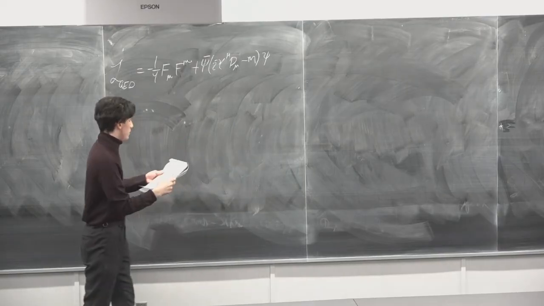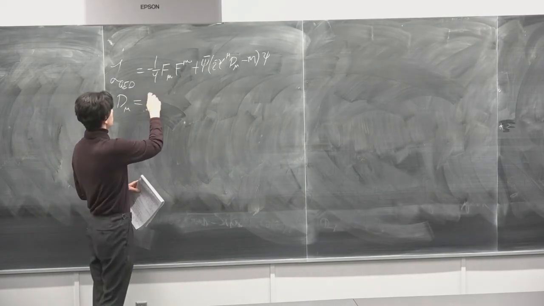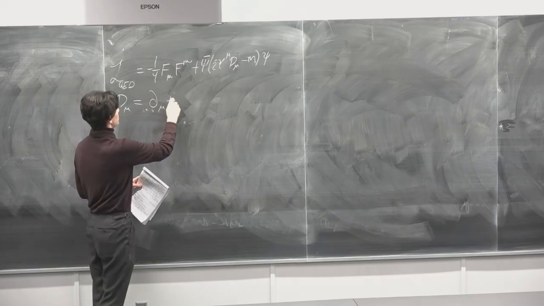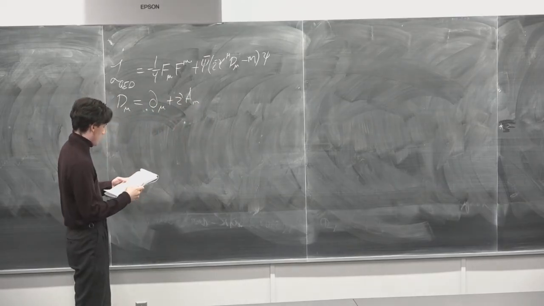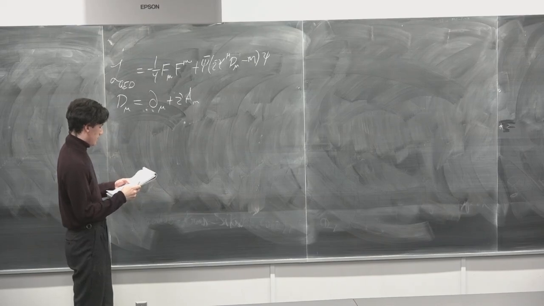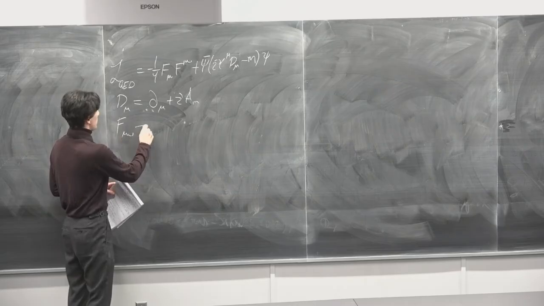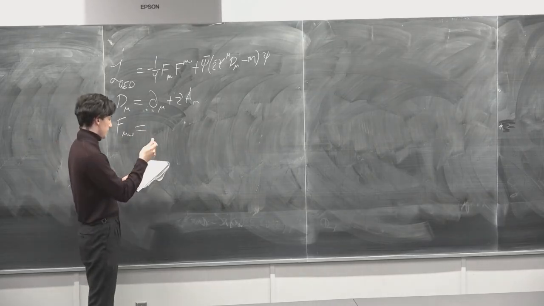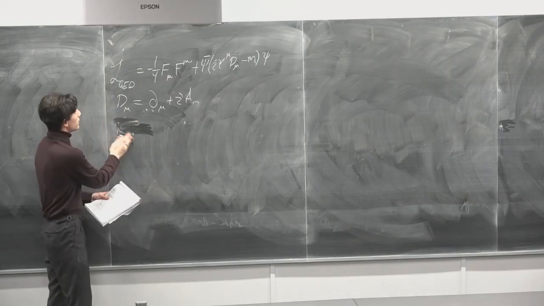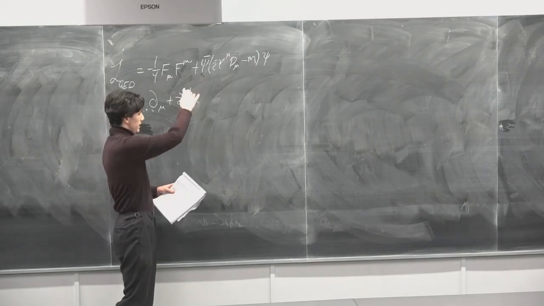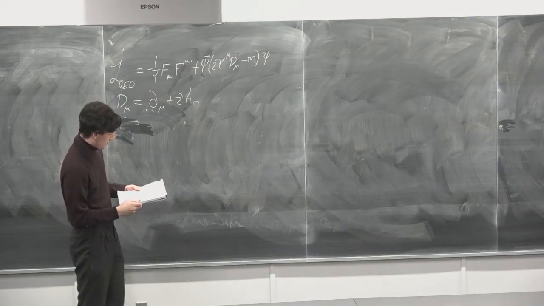Okay, so D_μ, your covariant derivative, is ∂_μ plus i A_μ, the potential, and then F_μν is equal to your field strength, your Dirac matrices. So this is what you would use to calculate anything in QED.